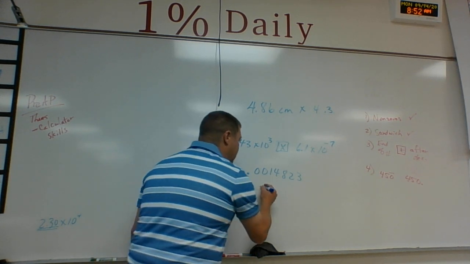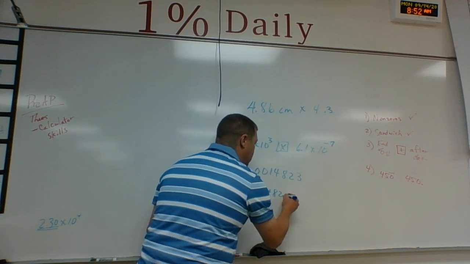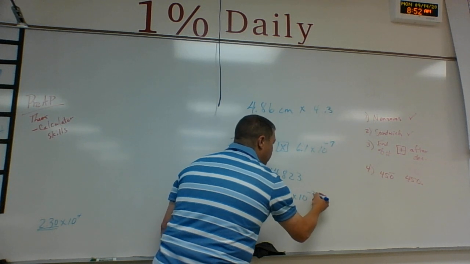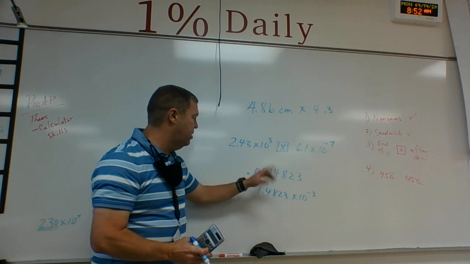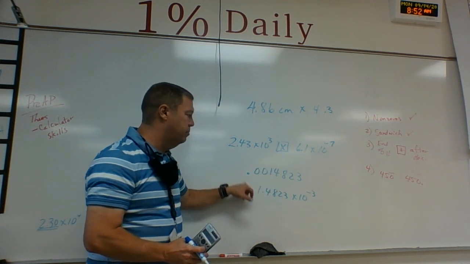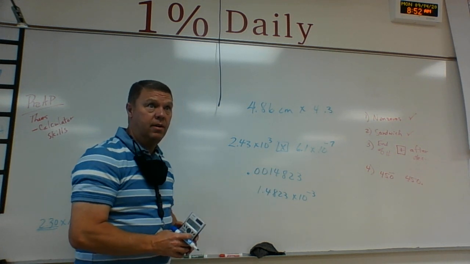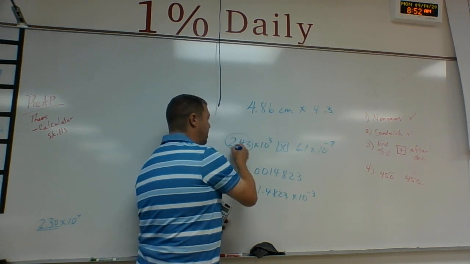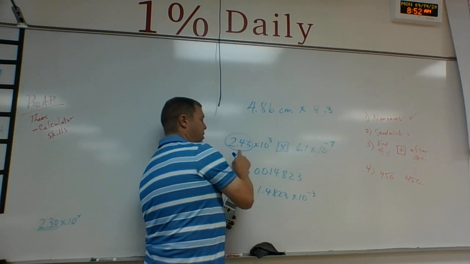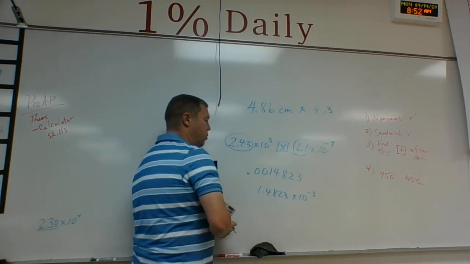Now, there may be somebody in the room that got this. Why? Well, it put it in scientific, which is fine. 1, 2, 3 places. Both of those are the same number. Okay? Rounding. Oh, how do I do that? Easy. How many sig figs there? 3. How many there? 2.